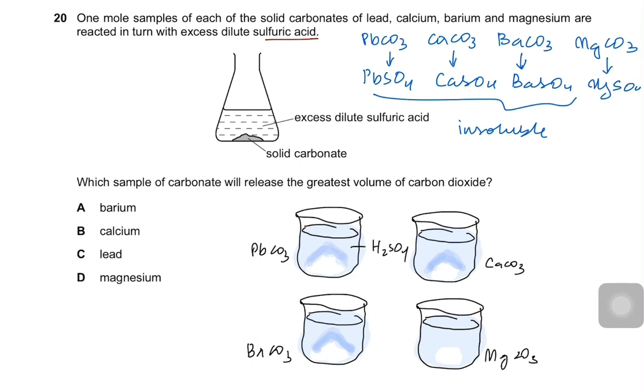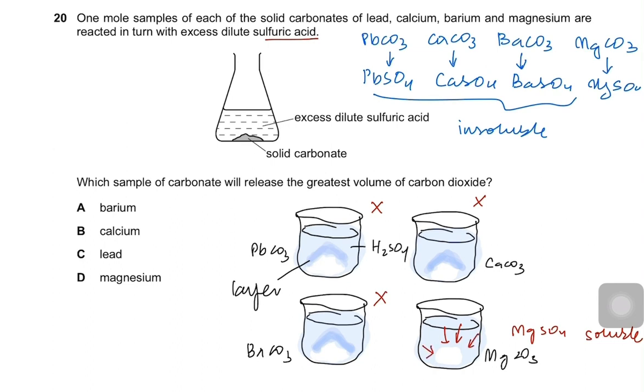Because they are making a layer of the insoluble sulfate, the sulfuric acid will not react anymore. That is why these three reactions will not go to completion. But magnesium sulfate is soluble, and since it's soluble, the reaction will keep on happening because the sulfuric acid will keep on reacting.